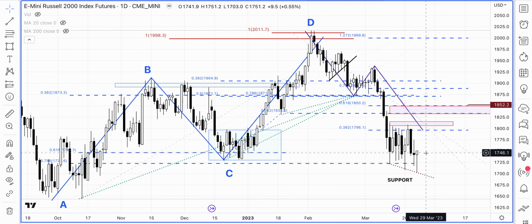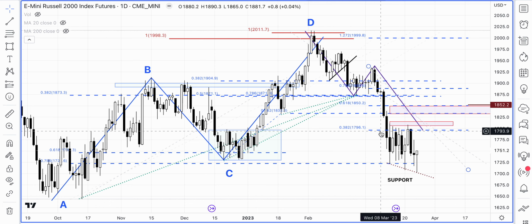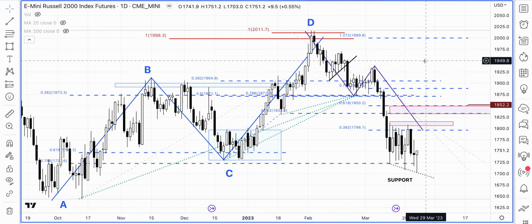Unless this support gets taken out, it looks like it might begin to go up and challenge these highs again. So in other words, within this trading range, it might attempt to go towards the top of the range again.